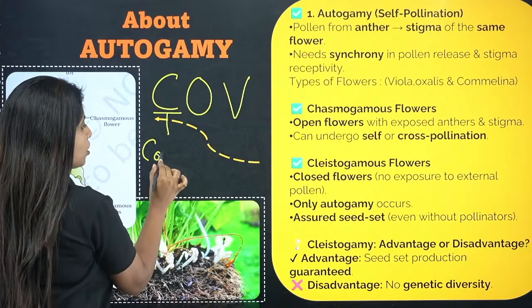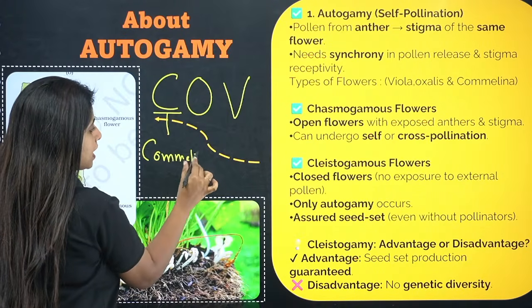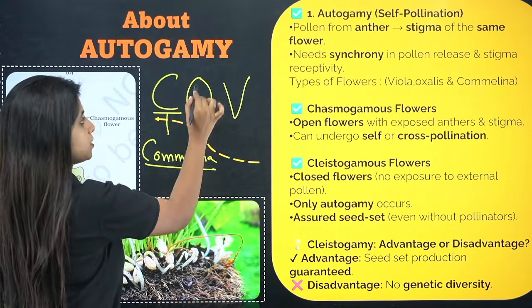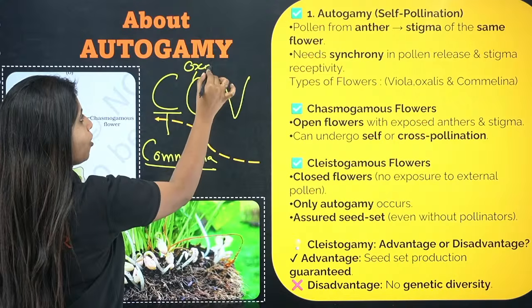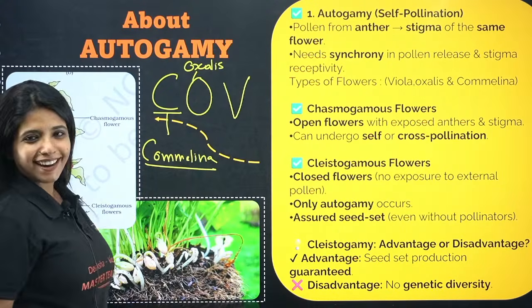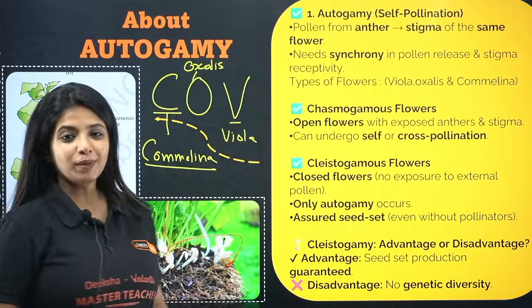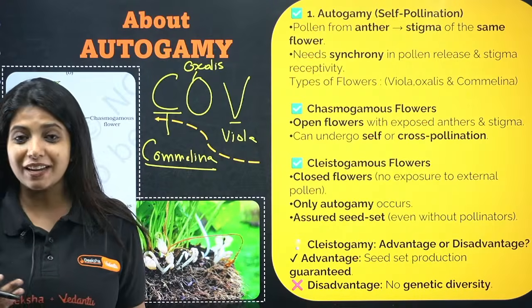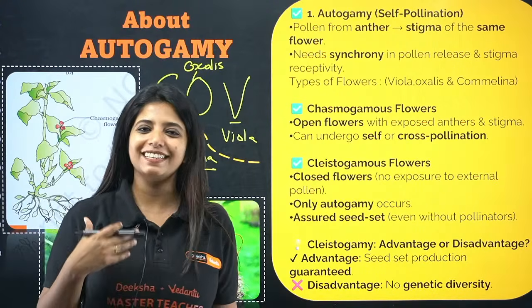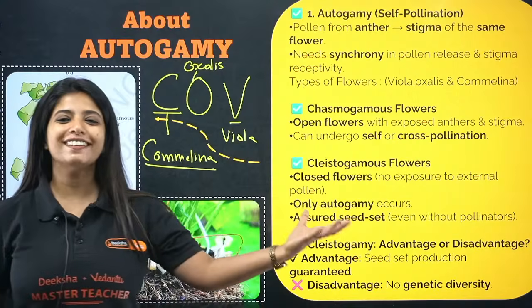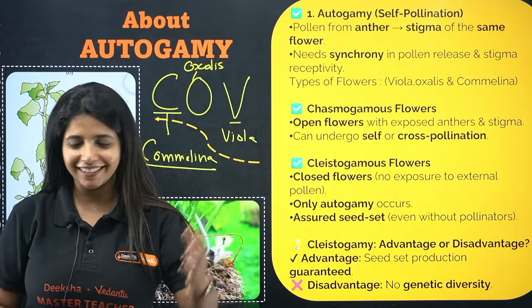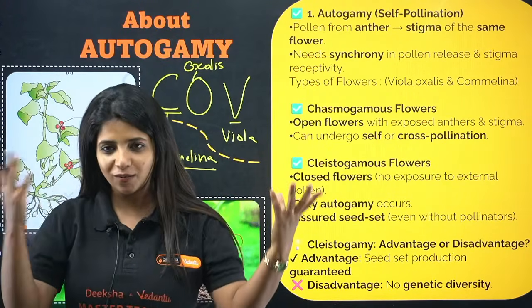C stands for Commelina. What does O stand for? O stands for Oxalis. And V for what? Viola. Commelina, we speak it as if speaking Spanish, but that is how we have to remember it. Commelina, Oxalis, and Viola.